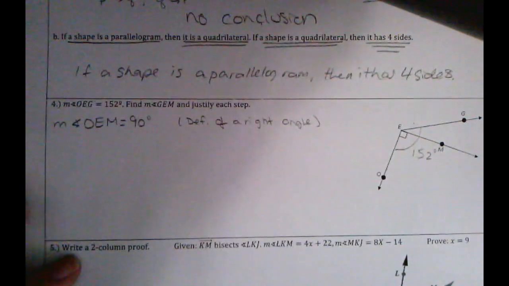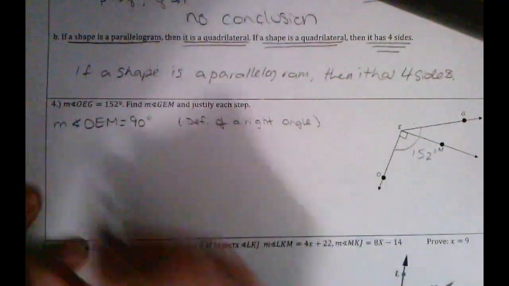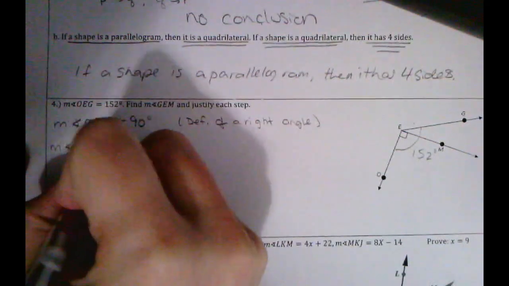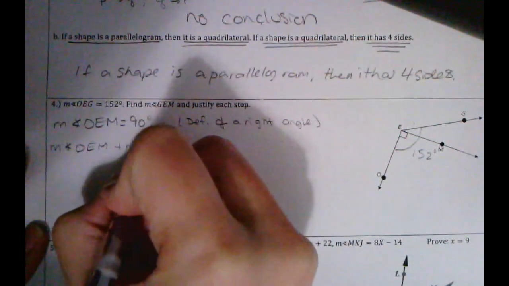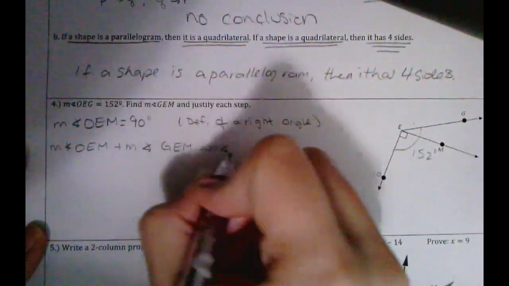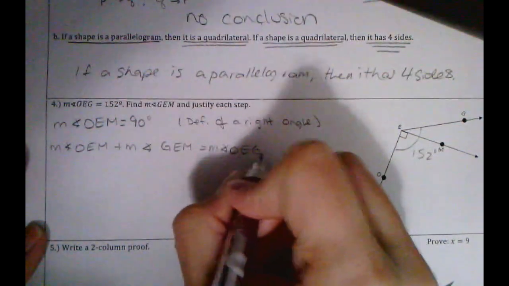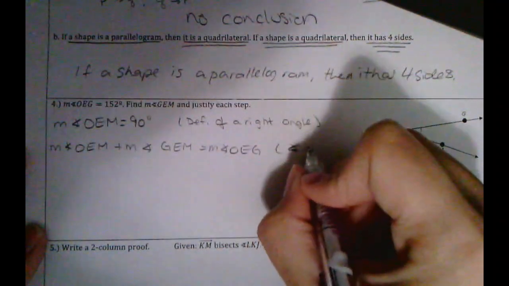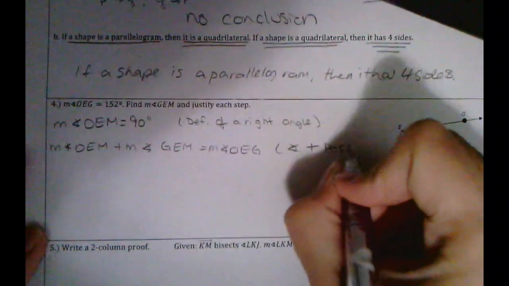Okay. Then I'm going to say that the measure of angle OEM plus the measure of angle GEM equals the measure of angle OEG. And I can say that by the angle addition postulate.